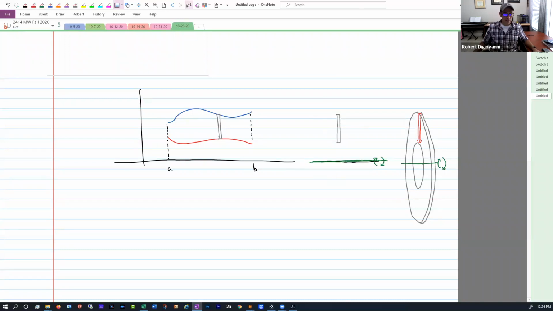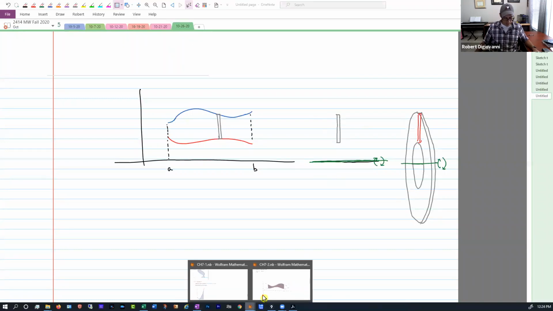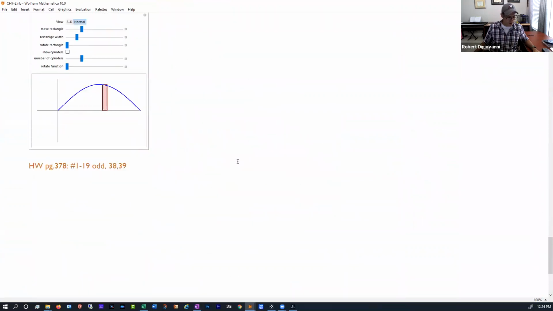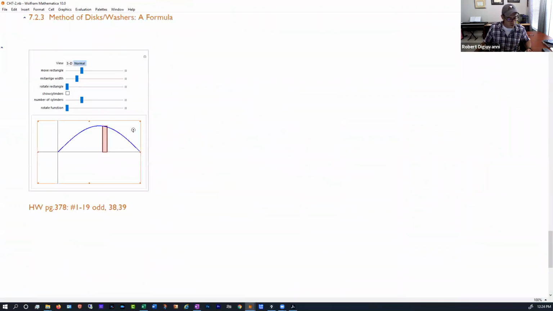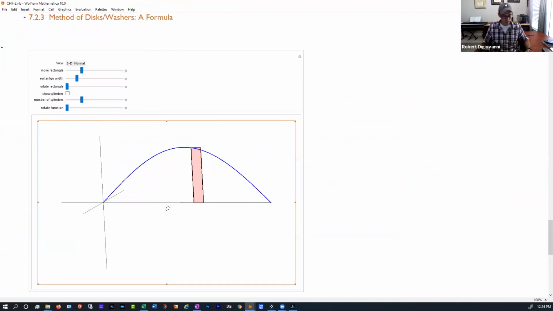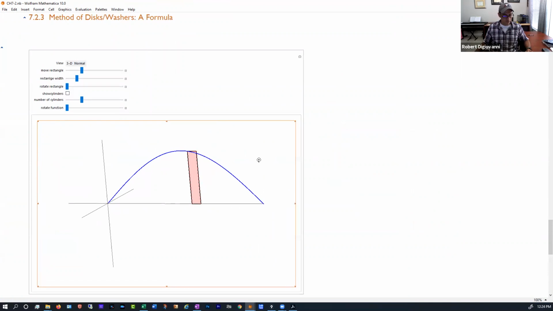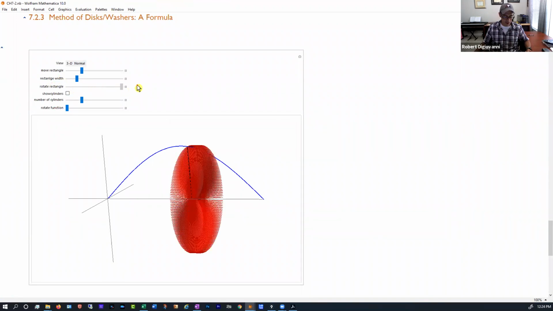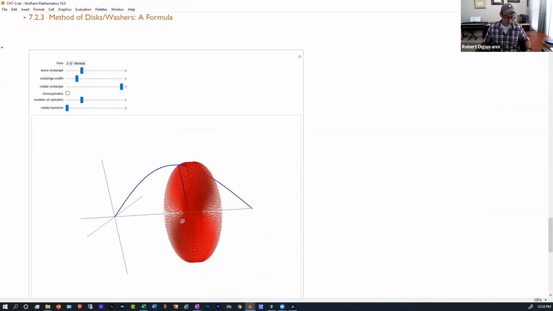No questions? I have another illustration that might help with that, but it's not as good, because it doesn't have two functions. It just has one function on top, but I can still show you what would happen if I wrap this. If I wrap just a single rectangle, you can see how it creates this.